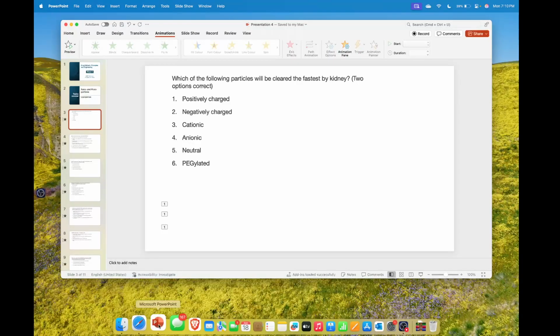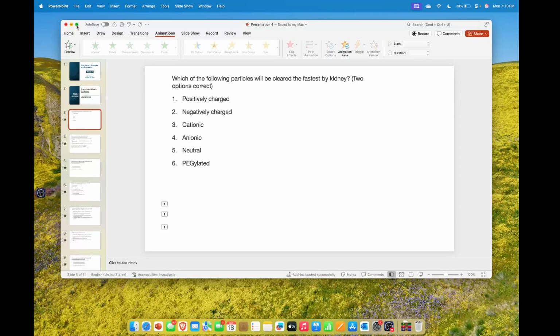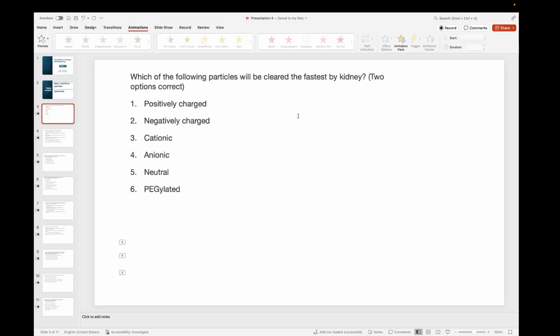Which of the following particles will be cleared fastest by kidney? You have to select two correct answers here.